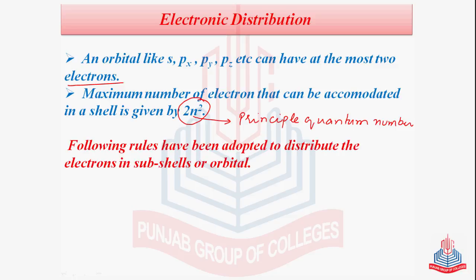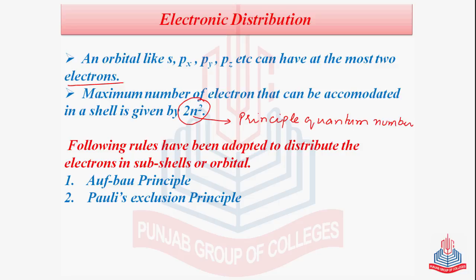Now, what are the rules that have to be adopted during the filling or distribution of electrons? There are 3 rules which have been adopted to distribute the electrons in the subshells or orbitals, that are Aufbau principle, number 2 Pauli's exclusion principle, and number 3 is the Hund's rule.